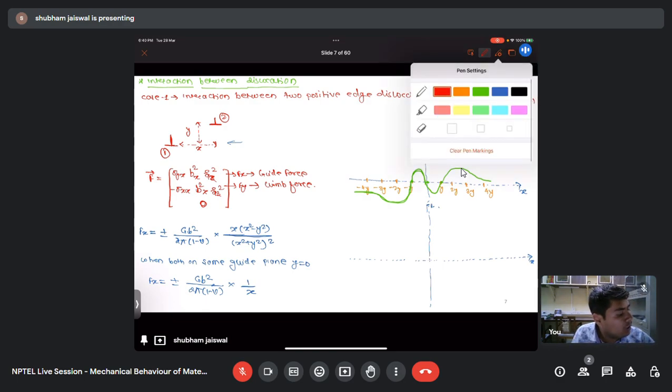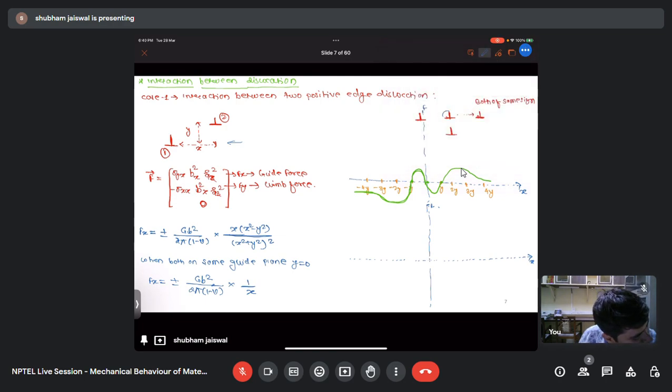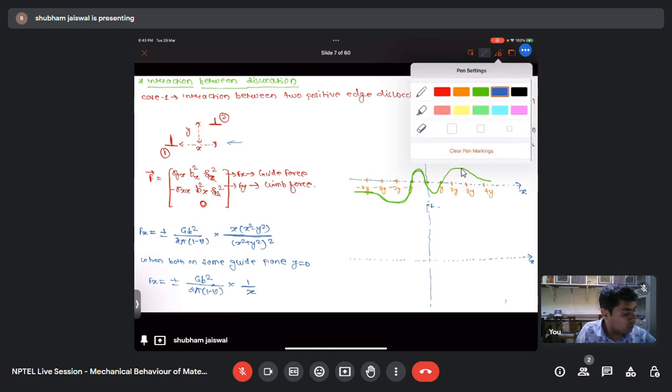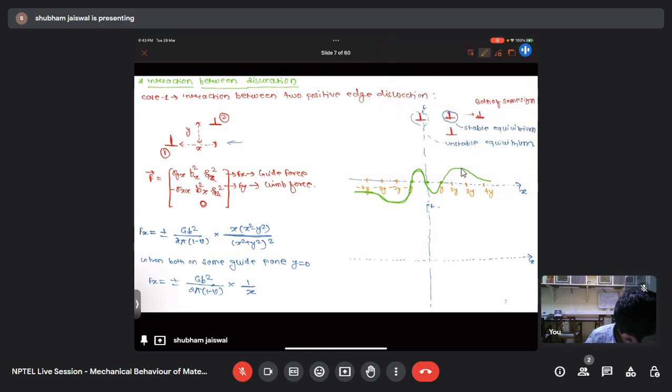So this position is the stable equilibrium, and these positions are unstable equilibrium. So this is the case for both with the same sign. Now, if we consider both with different signs, we will get a similar type of curve, but inverted.